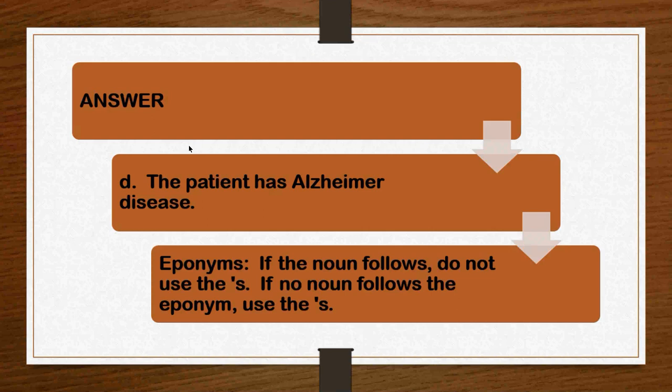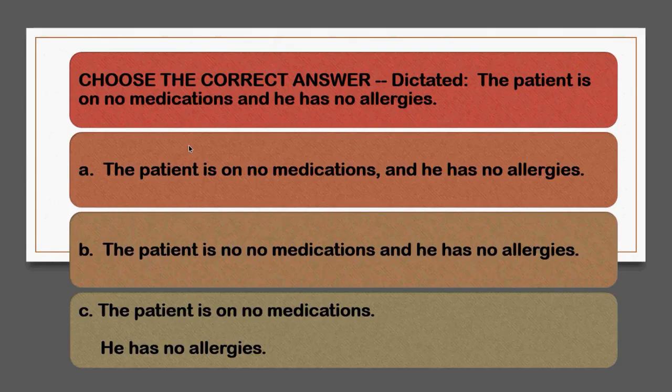It sounds like it has the apostrophe S on it all the time, but you have to delete that and just not transcribe it. So if disease, yes, all the time. If they just said the patient has Alzheimer's, then that would be apostrophe S because disease or condition doesn't follow it. So that is the rule. Noun follows. There's a lot of rules like that.